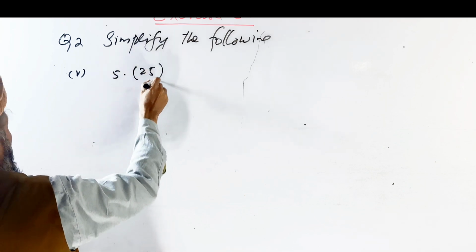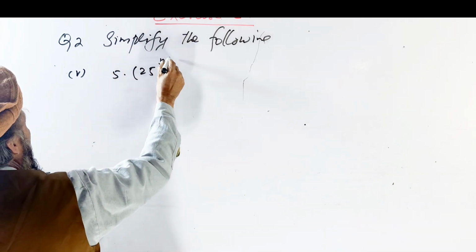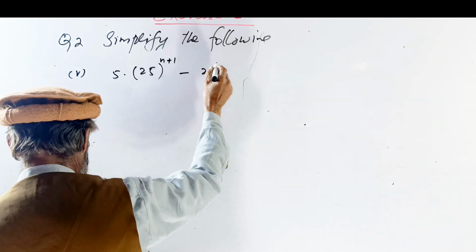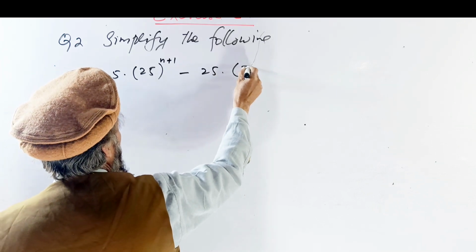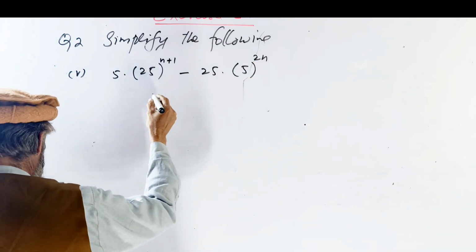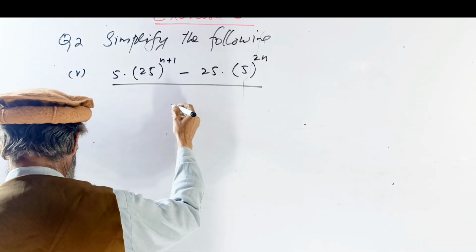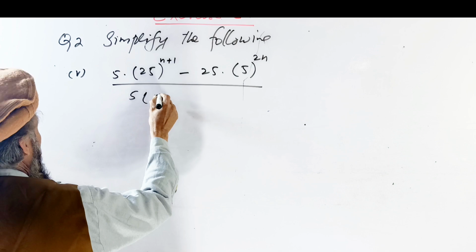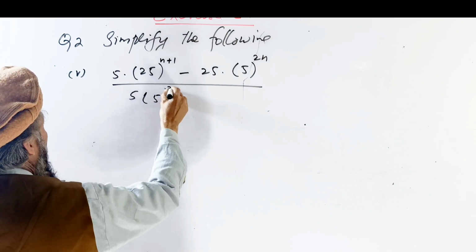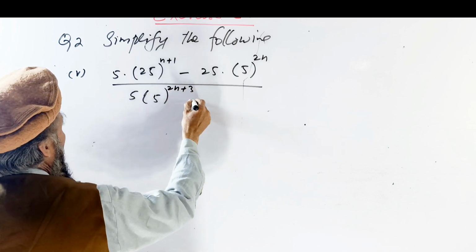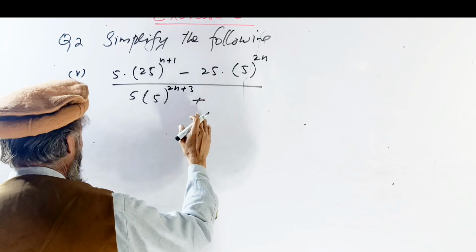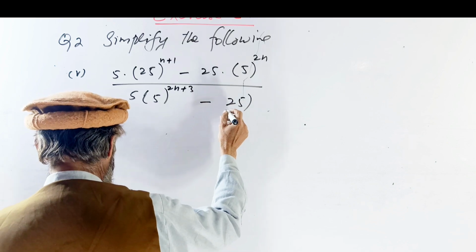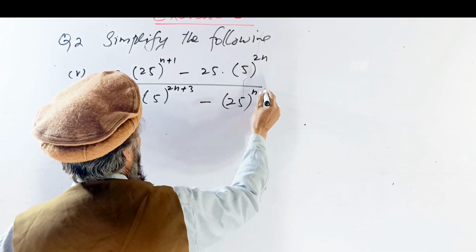Next question: 25 power n plus 1 into minus 25 dot 5, whole power 2n, divided by 5 into 5 whole power 2n plus 3 minus 25 whole power n plus 1.